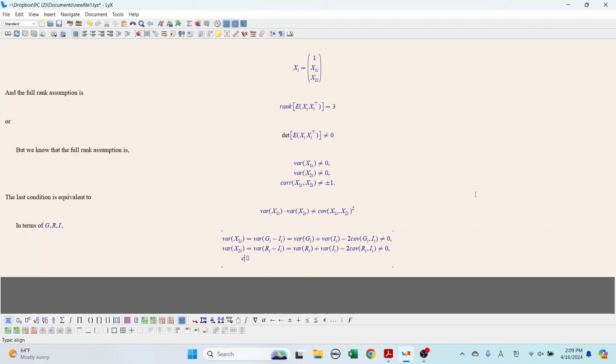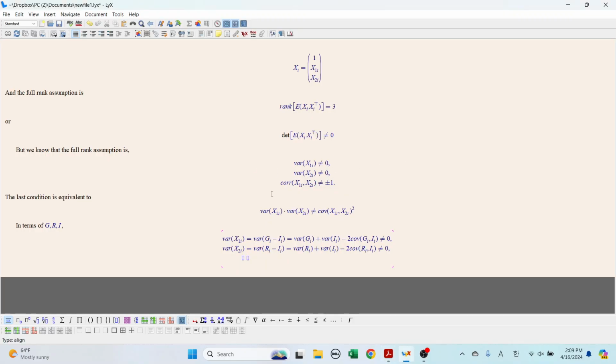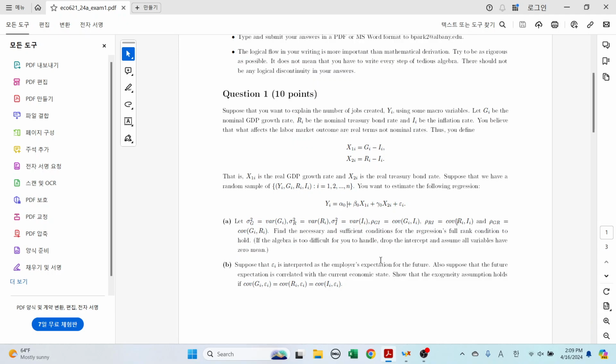Then, in this setup, the variance of x1i times the variance of x2i minus the covariance of x1 and x2i squared can be written out, which is annoying. You replace the variances and covariance with these more complicated expressions, rearrange, and express them in terms of those variables. That's what I meant. If you get up to here, that'll be fine.